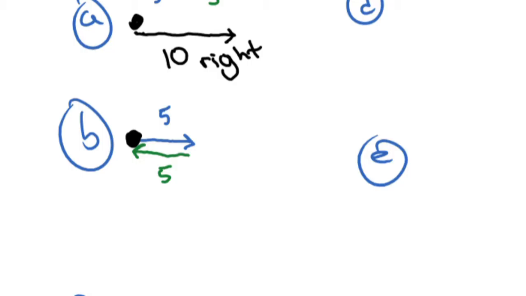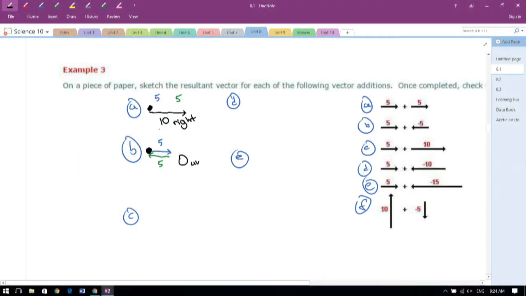What is my resultant going to be? If I go to the right 5 and then I go to the left 5, have I left where I started? Not really. I'm right back where I started. So I'm at 0 meters away from where I started. I guess it's not necessarily meters. I don't know what the units are. It's just 0 units.